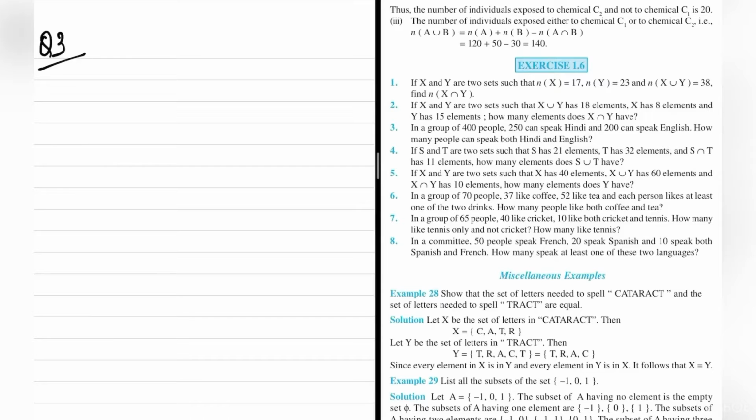In a group of 400 people, 250 can speak Hindi and 200 can speak English. How many people can speak both Hindi and English? So first of all you have to define the sets.